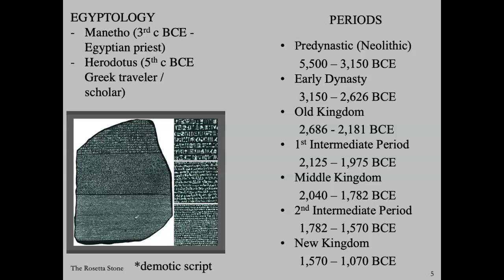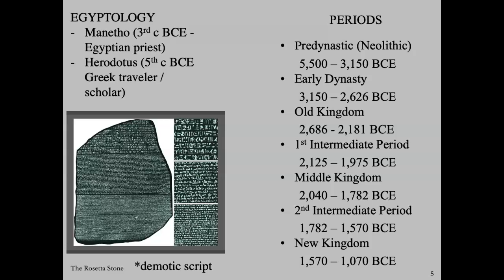Neither of these texts are really reliable. Manetho was very much caught up in the propaganda of different dynasties, and so his dating is very much off. We can't really trust the dates that he gives us.